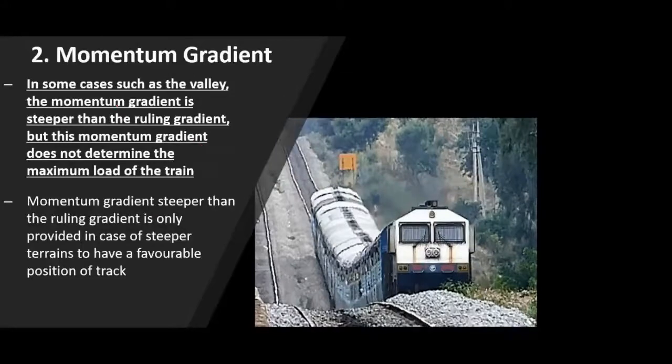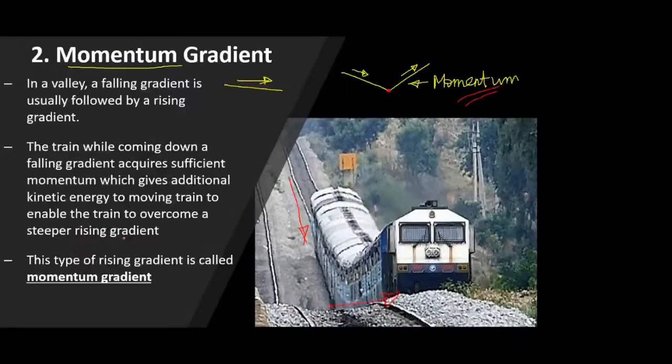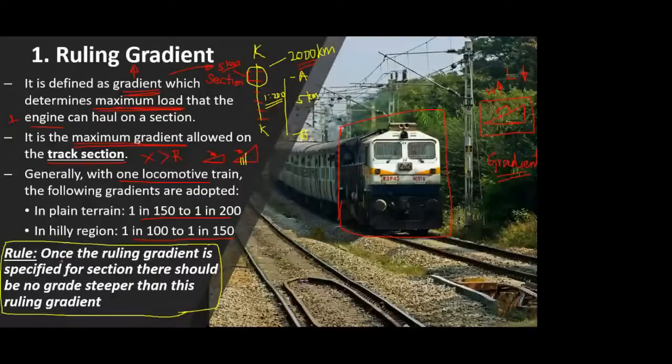Now what happens is, in some cases, such as a valley or a hilly region, the momentum gradient can be steeper than the ruling gradient. Now, if you remember, just a few minutes before I told you about the rule of ruling gradient, that it's a maximum gradient and no gradient on your section will be steeper than this.